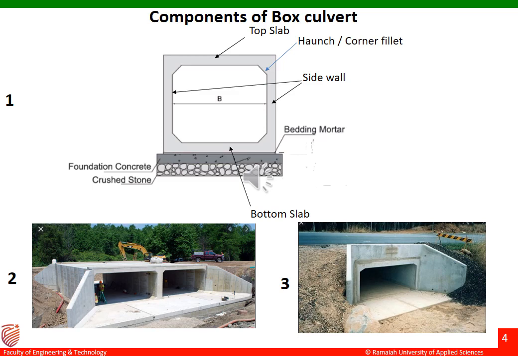Say in figure 3, depending on the discharge requirement, you have a very small size box culvert, and the top slab of the culvert is not coming to the road level. In that case, if you extend the top slab to the road level, then the structure will become uneconomical.